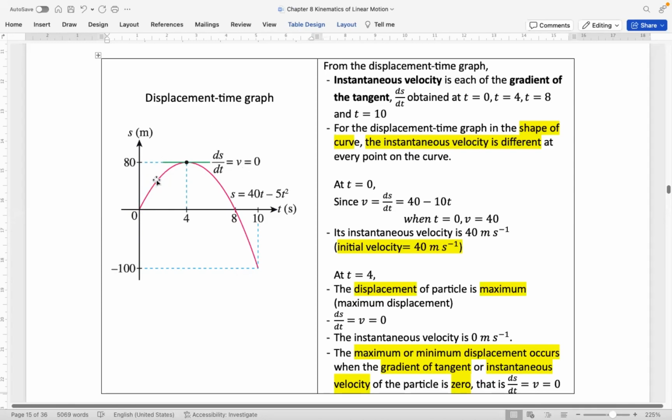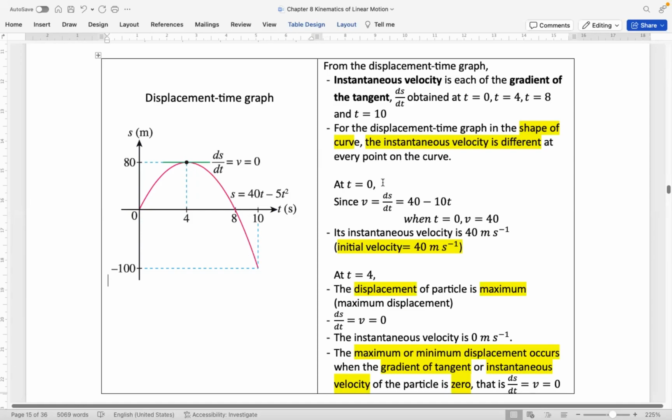So the gradient of the tangent at this point is called instantaneous velocity. And since this displacement-time graph is in the shape of a parabola, the instantaneous velocity at every point here will be different.